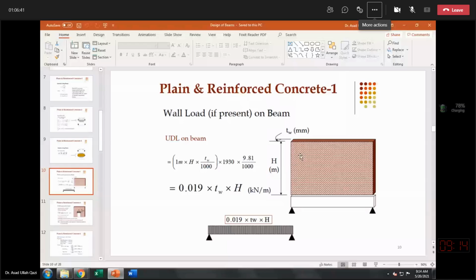So the thickness multiplied by the height into the density will give us the line load on the beam, which I can add in my already calculated uniformly distributed load on the beam.